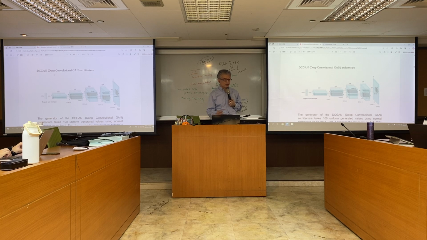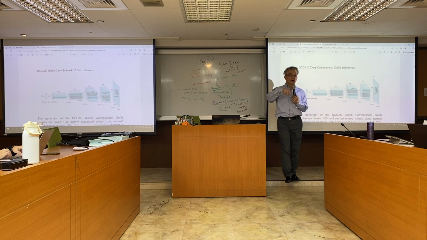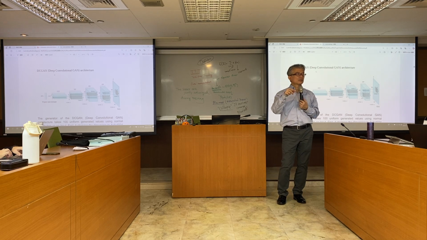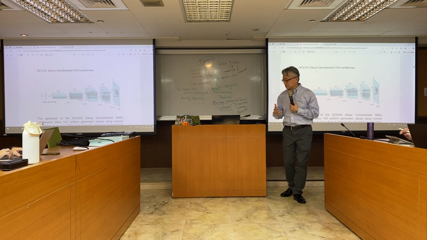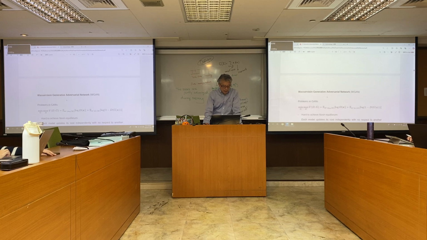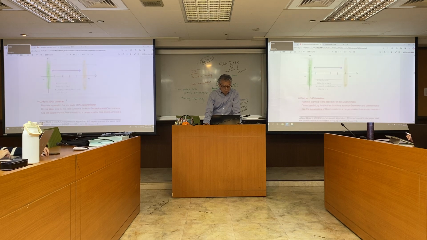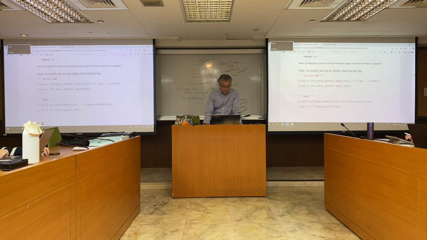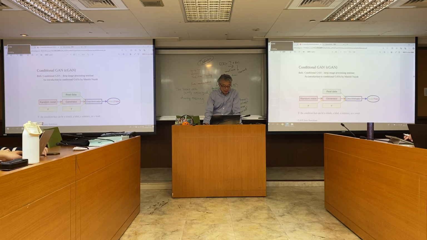This is deconvolution, and we also have WGAN, Wasserstein GAN, and StyleGAN, then CycleGAN. WGAN stands for Wasserstein generative adversarial network, and we also have CGAN, conditional GAN.